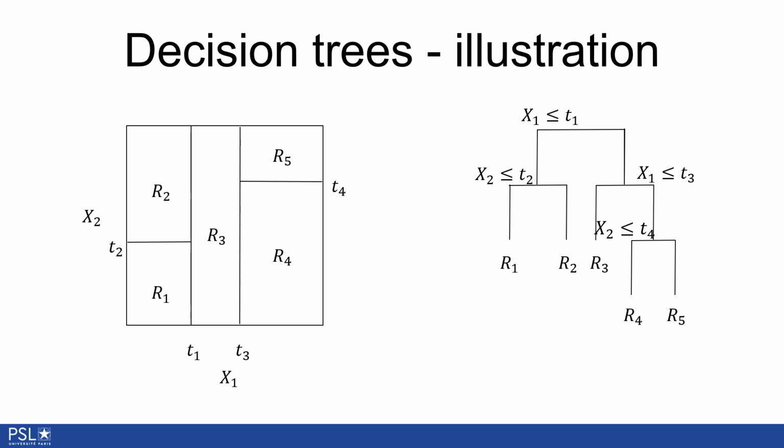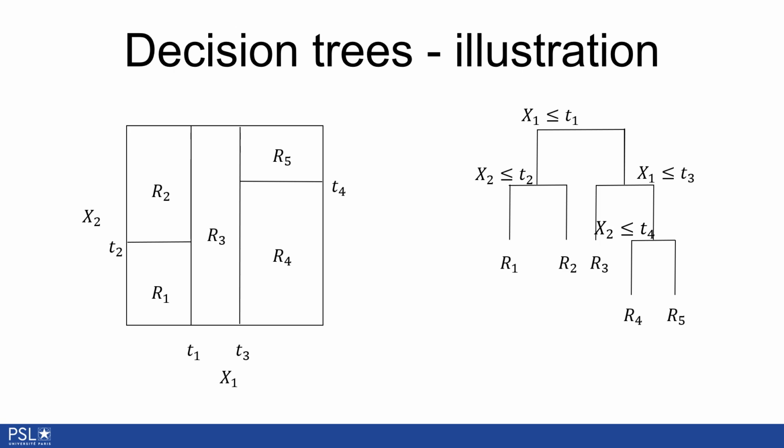If x1 is larger than t3, then there's one more step where we compare x2 to a split point t4, and this defines the final two regions R4 and R5 in our partition. This was a simple example to illustrate the relationship between recursive rectangular partitions and tree models. This example can be directly extended to rectangular partitions in higher dimensions.